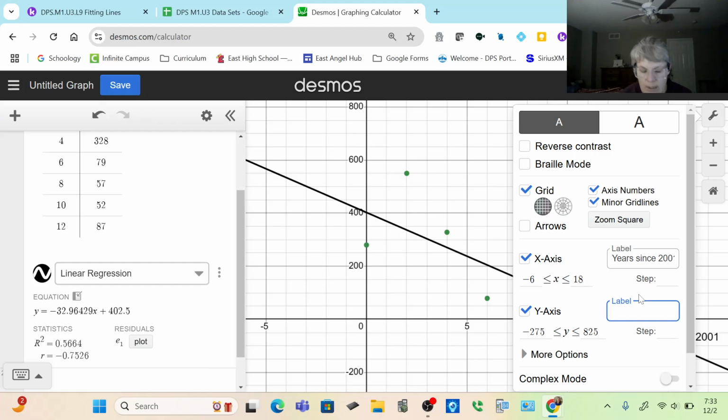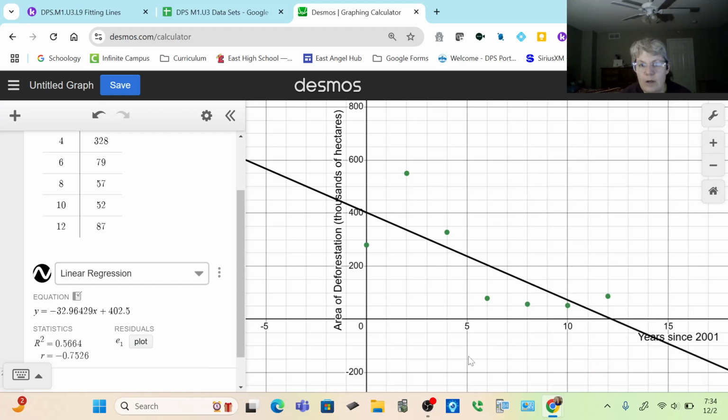And we said area of deforestation, and that's in thousands of hectares. It's a measurement for the area of land. So now you'll see that we do have those labels on our graph. So year since 2001, area of deforestation, we've got an equation that goes with this line that was drawn in, and we've got our correlation coefficient.